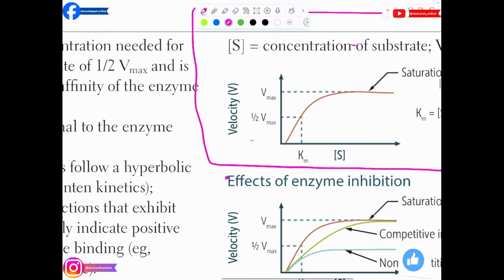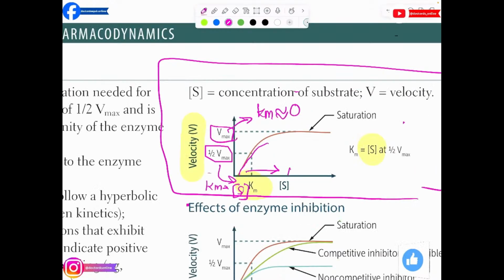Secondly, if you focus on this graph, the graph is going up. If I increase the substrate, the slope is increasing. At one point, the slope becomes flat. When the slope starts to go flat, that point is Vmax. It is saturation of the enzymes.